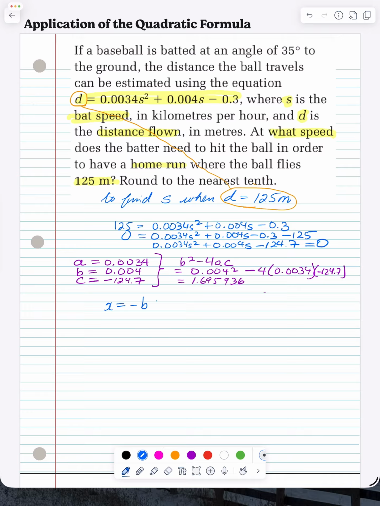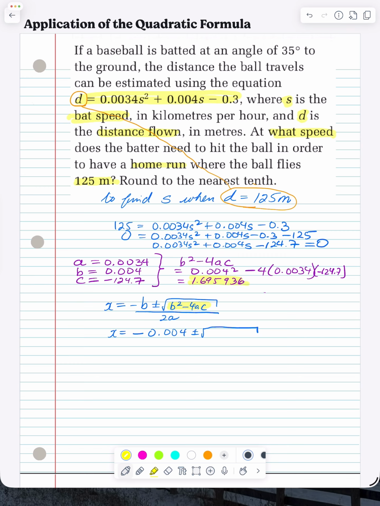Opposite of b plus and minus square root b squared minus 4ac all over 2a. X equals opposite of b, which is negative 0.004, plus and minus the square root. And if you notice, I already calculated b squared minus 4ac right here.